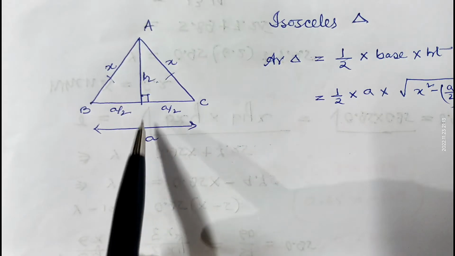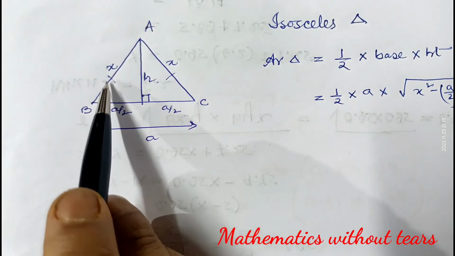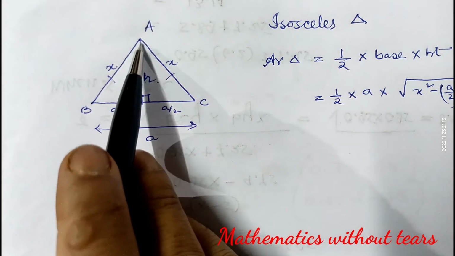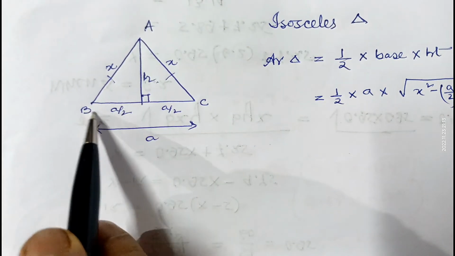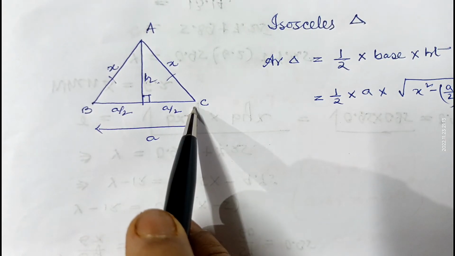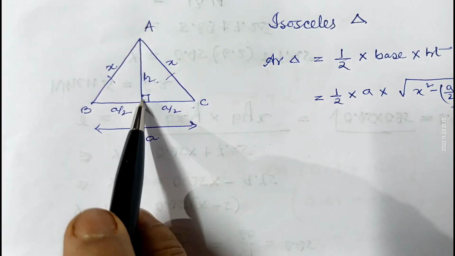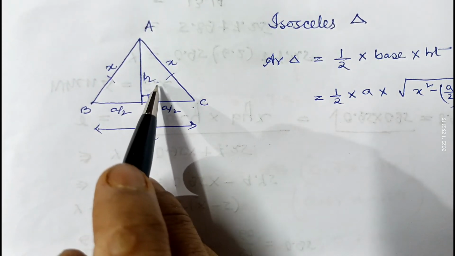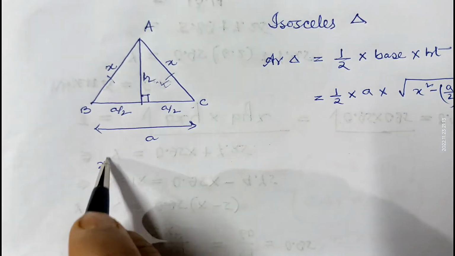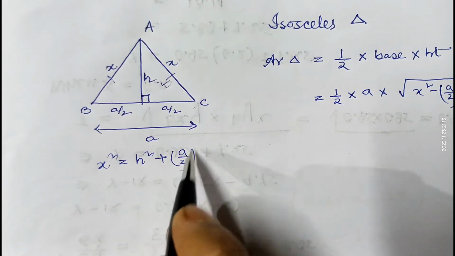In case of an isosceles triangle, here ABC is an isosceles triangle where these two sides are equal and each side be x, and here base we can consider A. If I draw one perpendicular, then it will bisect the base. So this part will be A by 2, this part will be A by 2. Now we know area of a triangle is half into base into height, but here height is not known. So if I apply Pythagoras theorem in this part or this part, x square equals h square plus a by 2 whole square.